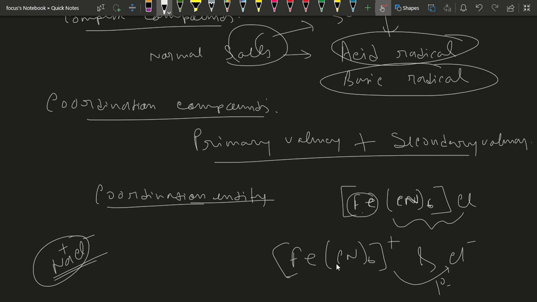And here again iron is having bonds with these cyanide ions, but it is different from this chloride ion. That is why, as these bonds are different, that is coordination bonds, they will not dissociate easily like normal ones.